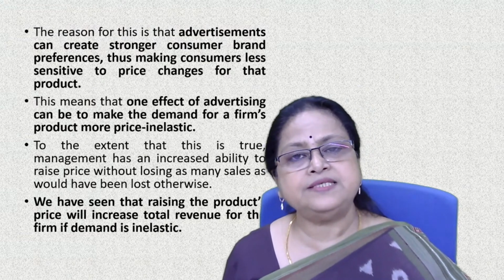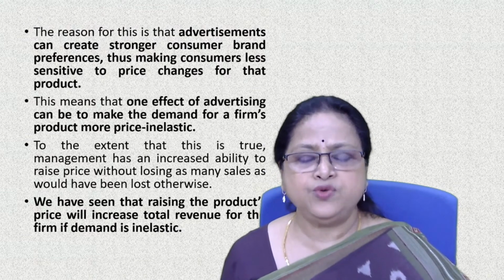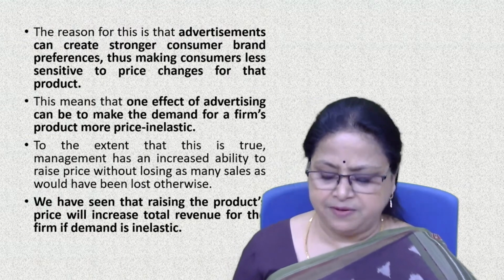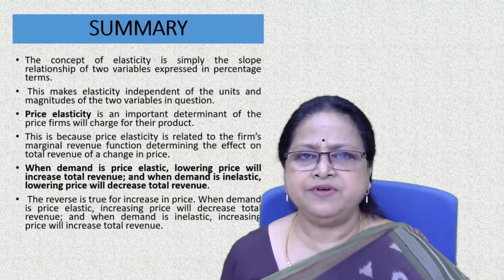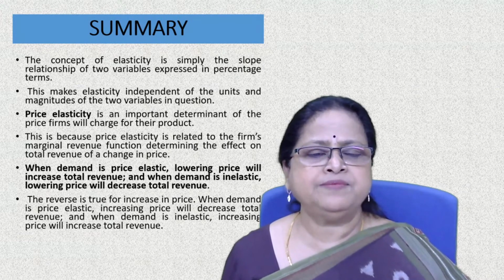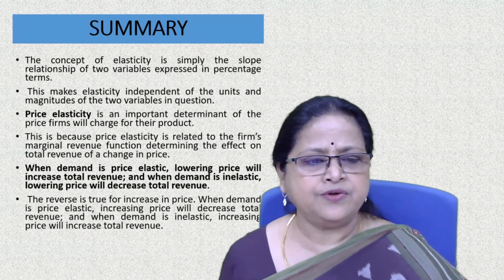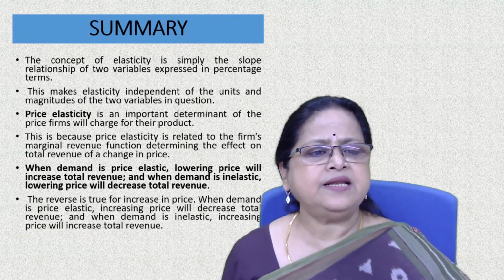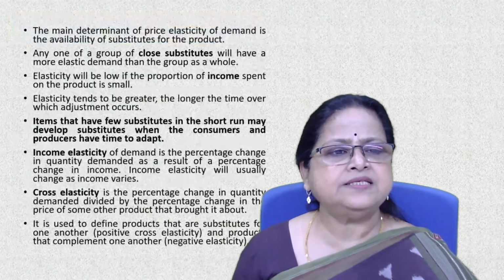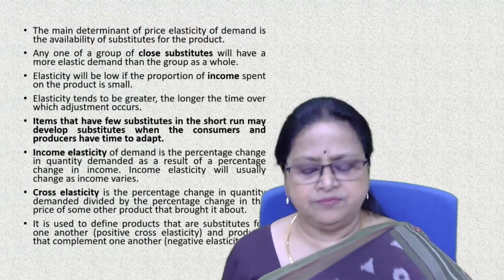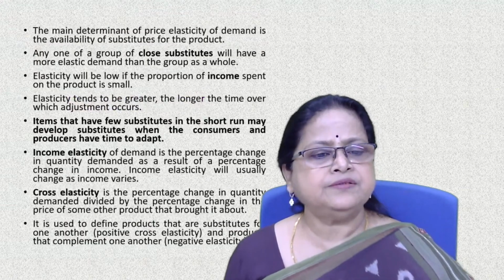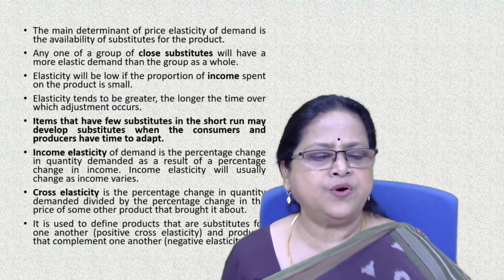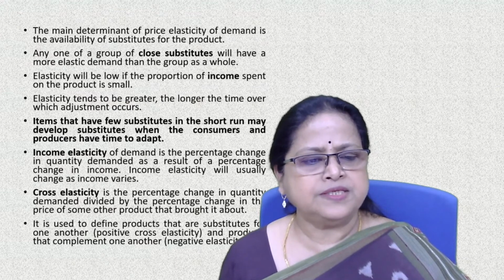So we have seen that raising the product's price will increase total revenue for the firm if demand is inelastic. So the summary is that the concept of elasticity is very important from the manager's point of view or from the seller's point of view. Price elasticity is there, then income elasticity is there, then cross price elasticities are there, all these are helpful in decision making of the firms or the sellers.